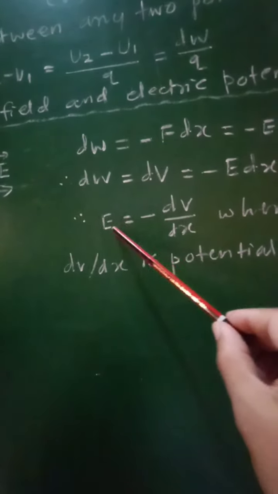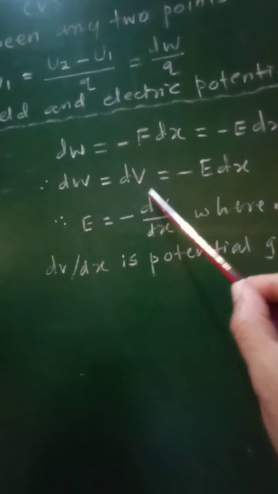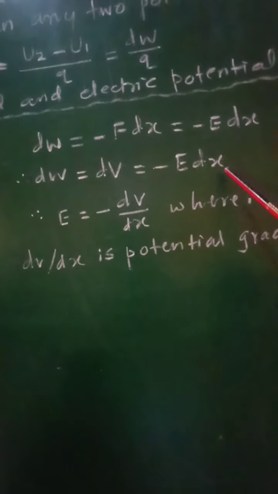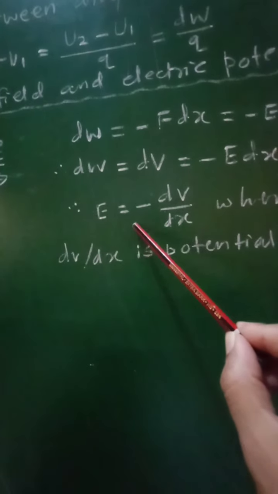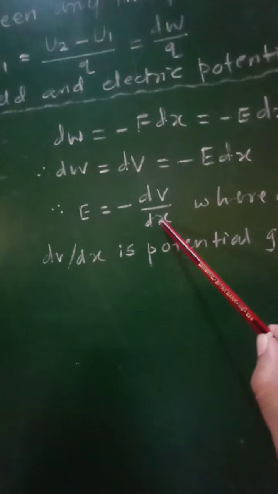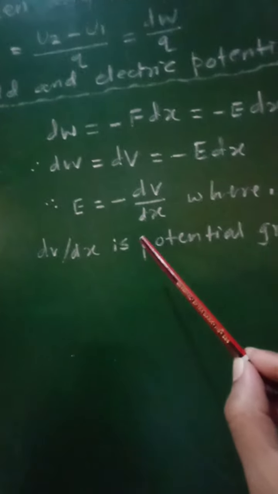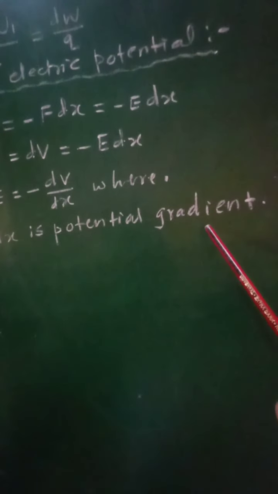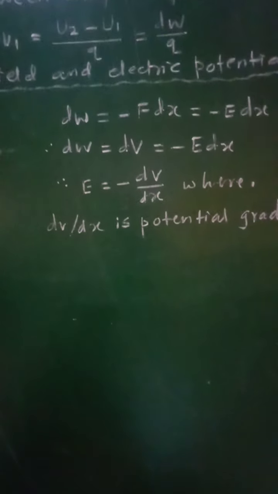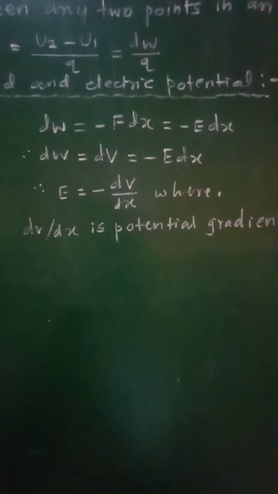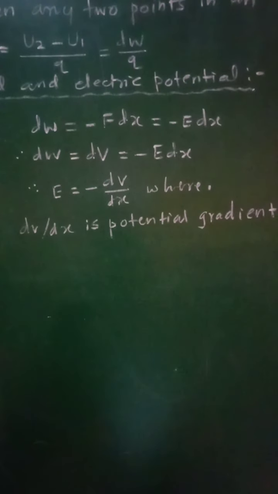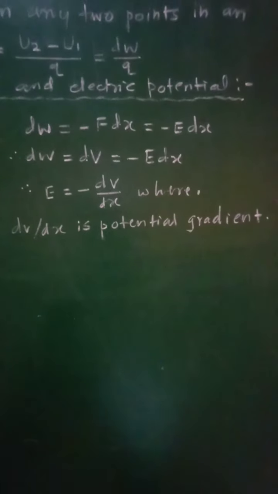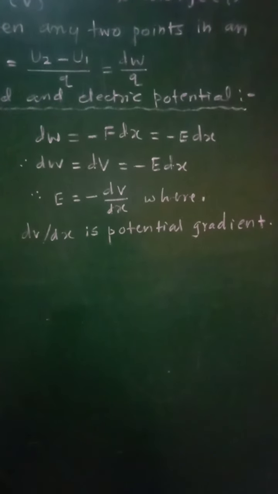Therefore we can write the electric field E is equal to minus dV by dx, where this term dV by dx is called the potential gradient. Hence this equation represents the relation between electric field and electric potential. So electric field E equals the negative potential gradient, that is minus dV by dx.